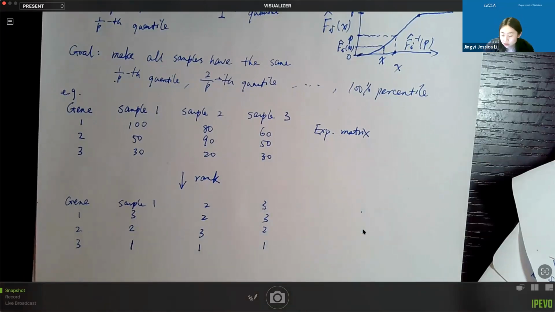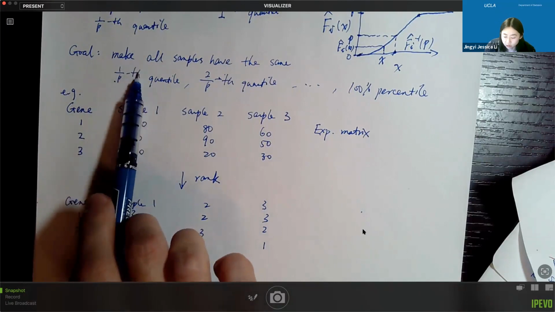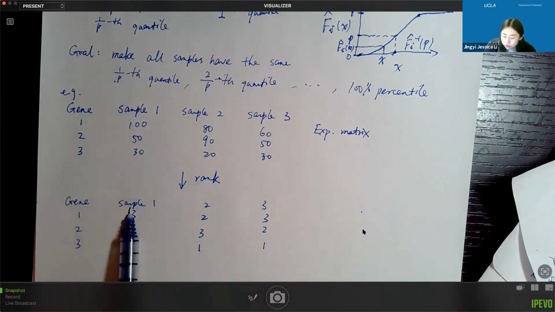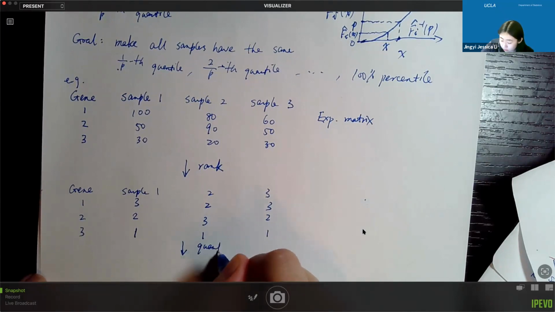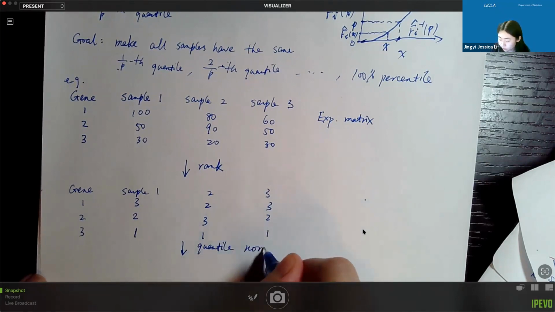And so basically here rank 1 corresponds to the first quantile. Here it will be 1/3 quantile, 2/3 quantile, and 100 percentile. I only have 3 quantiles to normalize. Okay, so then here is the step called quantile normalization.